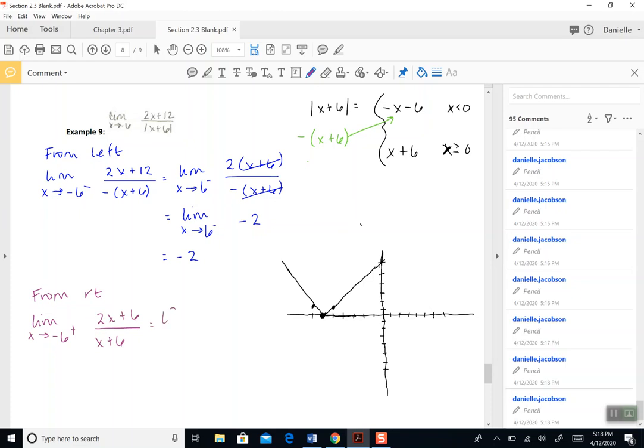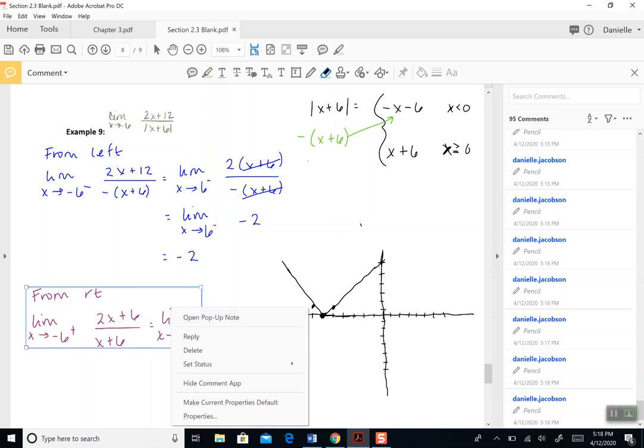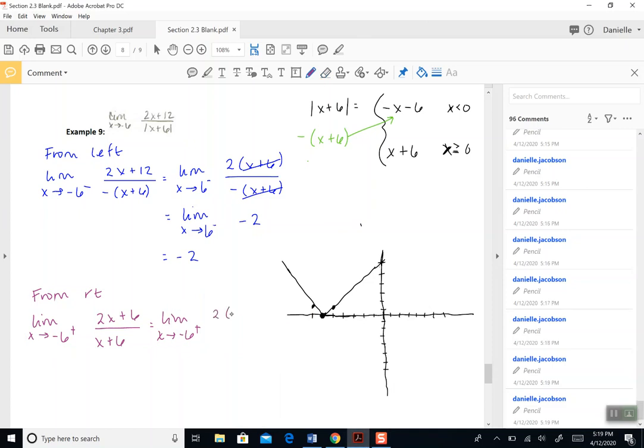Again, the 2 factors out, so we have the limit as x goes to -6 from the right of 2 times x plus 6 over that x plus 6. From here, our x plus 6's divide out to 1, and we're left with the limit as x goes to -6 from the right, or you could just say as x goes to -6, of 2 over 1, which is just 2.